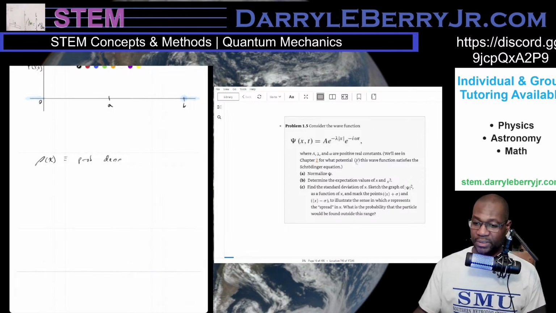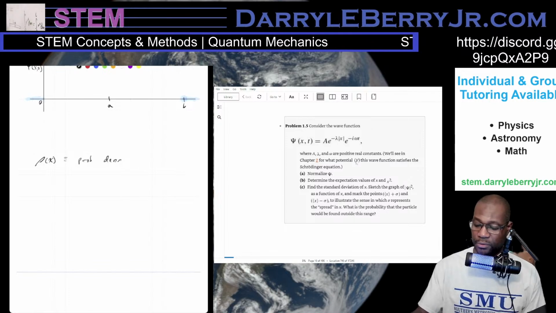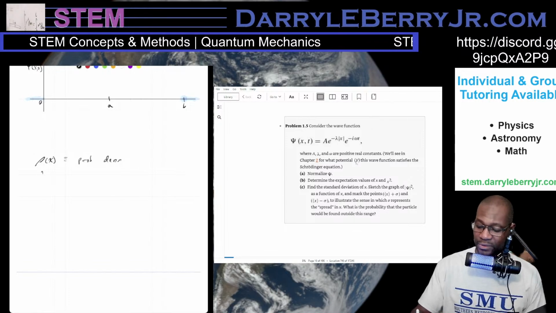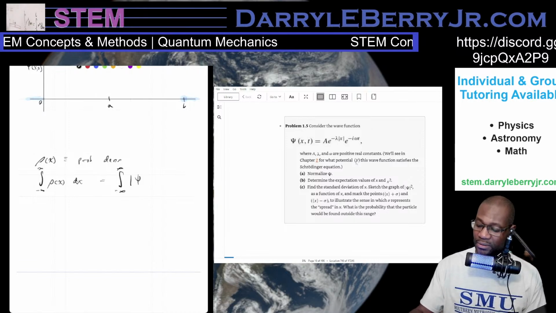So the probability density allows us to find out the location of the particle within a certain probability. All we have to do is integrate the probability density from negative infinity to infinity, which when you have psi, is going to be psi squared.